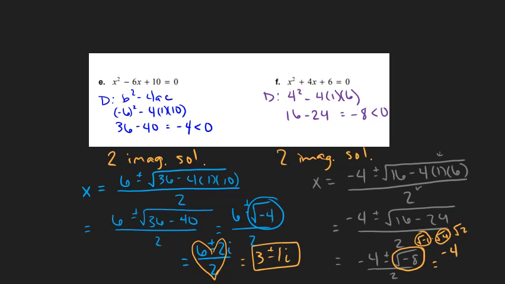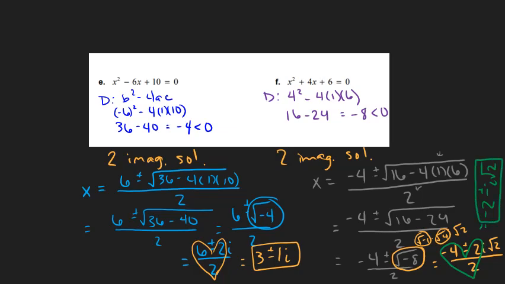So now it will be 2i square root of 2, all over 2. And then of course again we have that common factor there. Alright, and so now negative 4 divided by 2 is negative 2. 2 divided by 2 is 1.